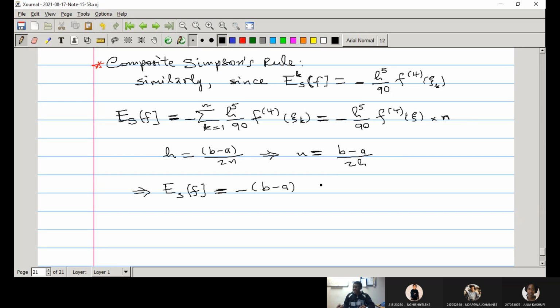And then this h with that will become h to the 4th, and the fourth derivative remains. Now we divide by, because the 2 here is in the denominator, you multiply this, it will become 180. So you should not be scared when you look at this formula. And you will need to know this error analysis formula because they are useful.